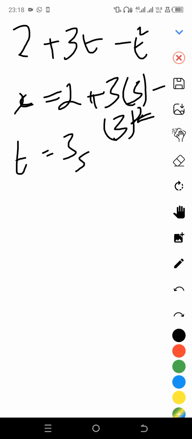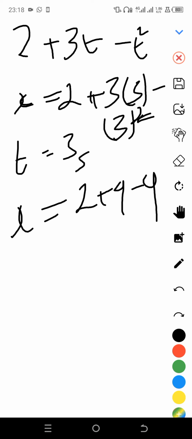So what's that? We have x equals 2 plus 9 minus 9, since 3 squared is 9, which is x equals 2 meters.